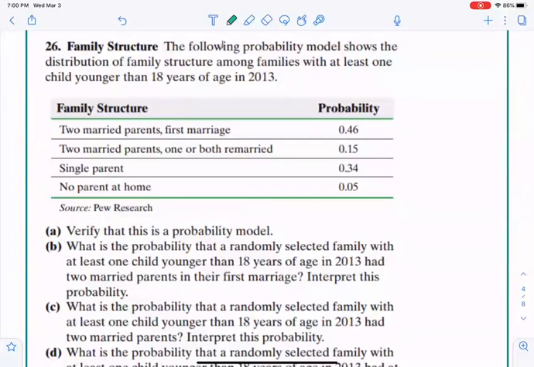So here we have a probability model that shows family structure among families with at least one child younger than 18 years of age in 2013. So we have 2 married parents, first marriage, 2 married parents, 1 or both remarried, single parent, no parent at home.